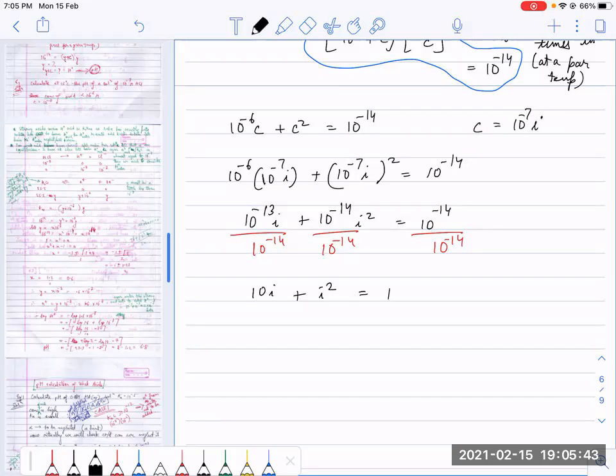Please check, have I written it correctly? This is the quadratic equation which we have obtained. Now, please tell me, can you solve this quadratic equation? This is an easier quadratic equation. Yes, sir. Okay, please do.